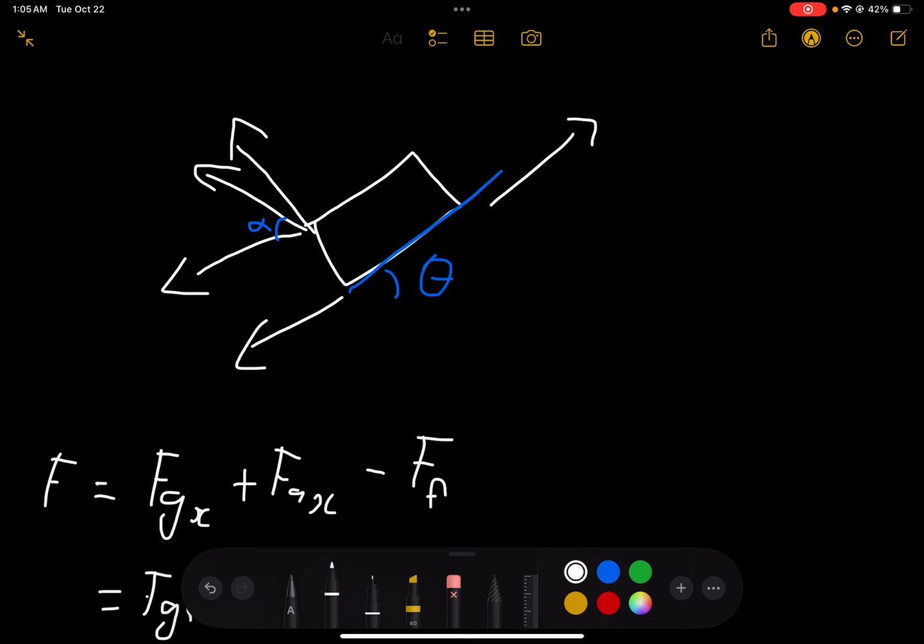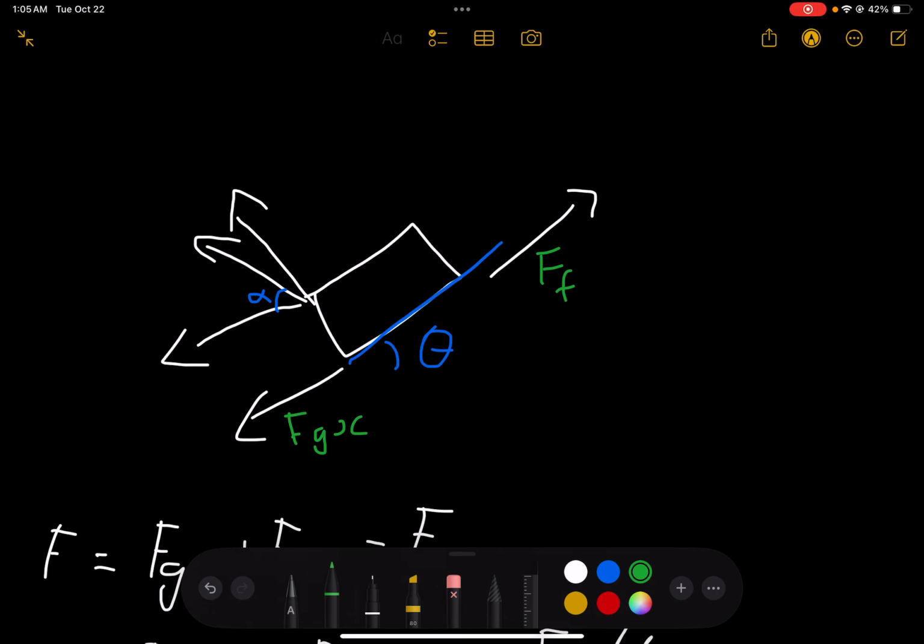We have Fgx, we have force of friction, then we have force normal, we also have Fgy, let's put it like that.